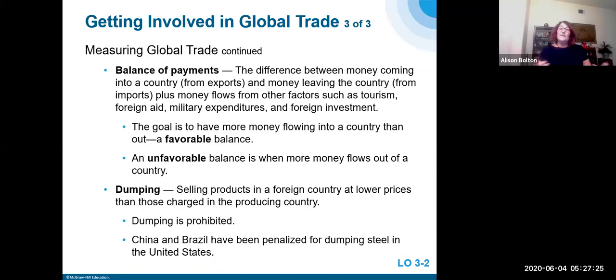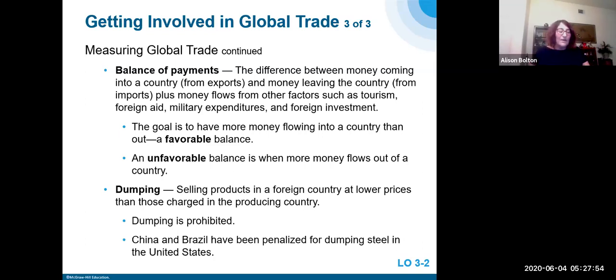So that may increase their economy like it might ours during those periods. The same thing when we do foreign aid, military expenditures, and foreign investments. There's a flow, and if you look at each country's tracking of these things, you'll see when it increases and decreases. So we want to look for the favorable balance when money is flowing into a country, and then also notice when it's unfavorable, so the lows and the highs.